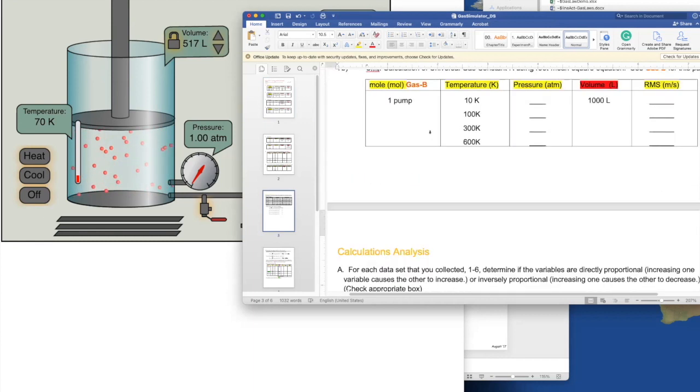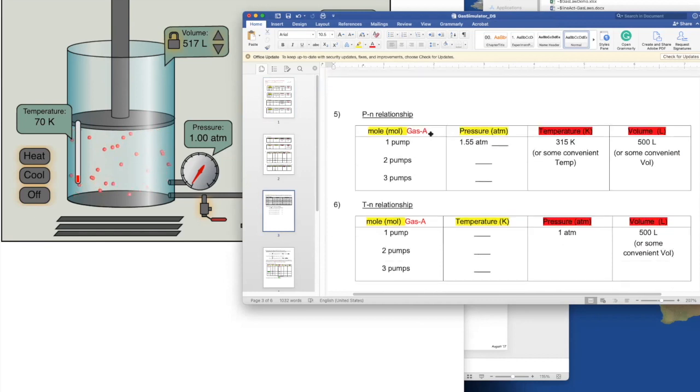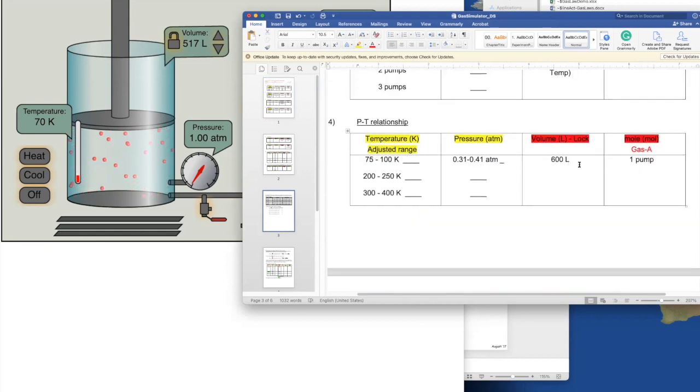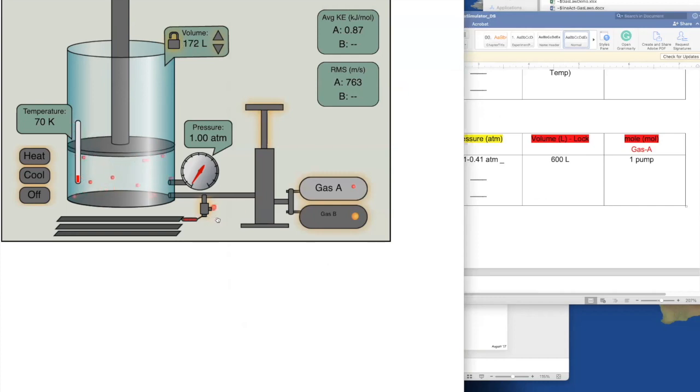So I'm going to skip 5 and 6. Okay, 5 and 6. This one, one pump, lock it at 600. When you lock this at 600, again, exhaust this. Okay, we're going to lock this at 600. Let's go with one pump. And then I'm going to increase this to 600.